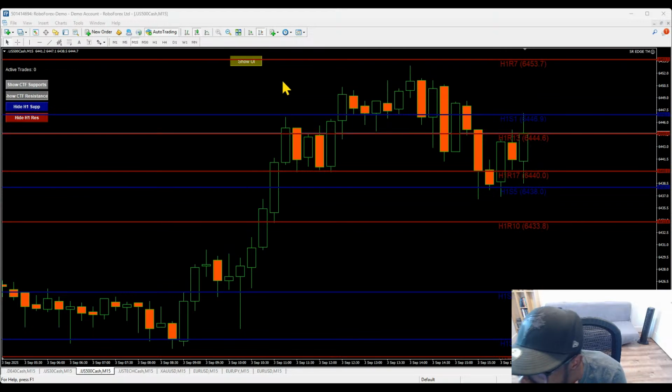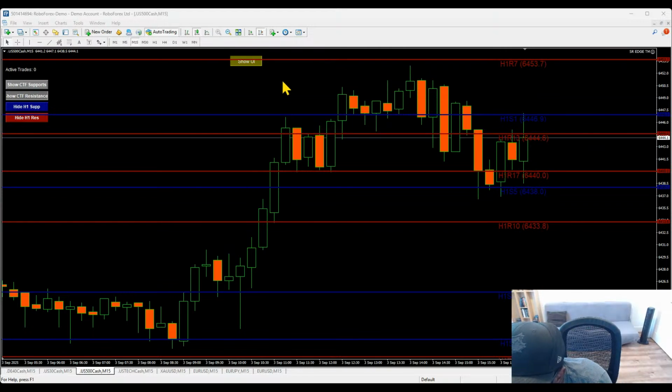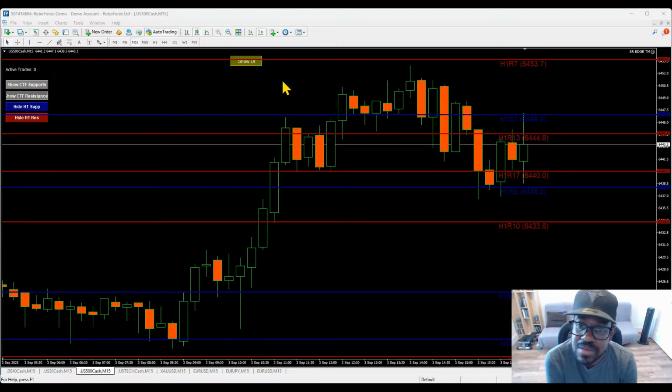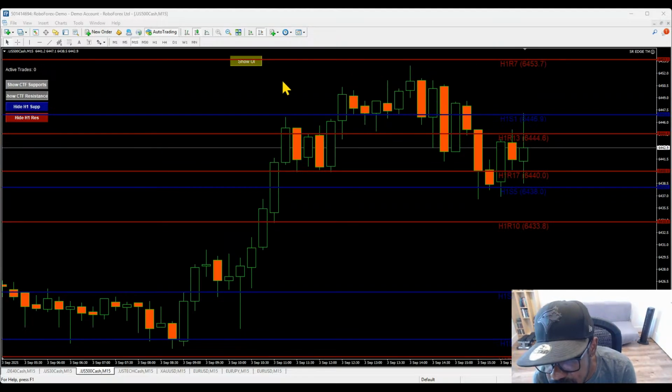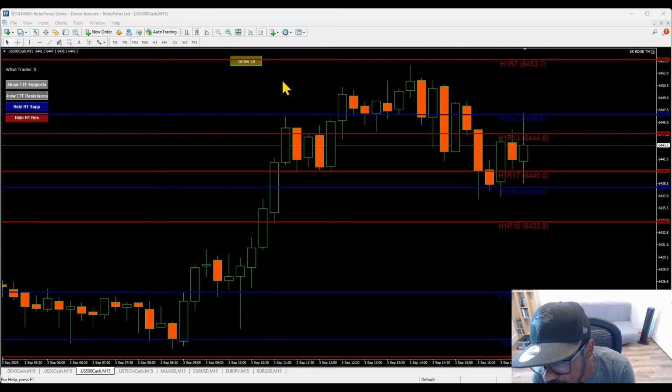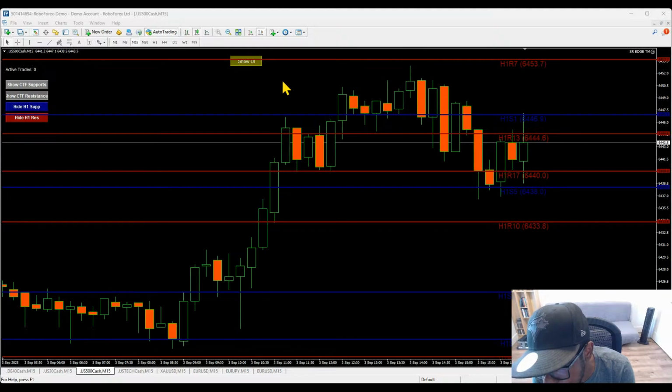That's the only thing you have on TradingView. So once again, support and resistance is on MT4. It's an expert advisor on MT4.